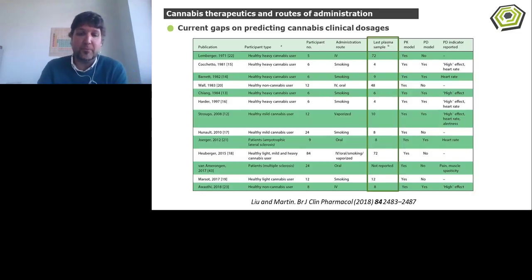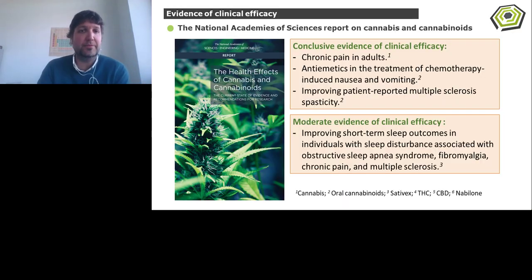But what we have basically agreed, and it's collected in this excellent report from the National Academy of Sciences, published in 2017, that I had the honor to contribute to as a consultant, is that we have conclusive evidence of the clinical efficacy of cannabis and cannabinoids for chronic pain in adults.